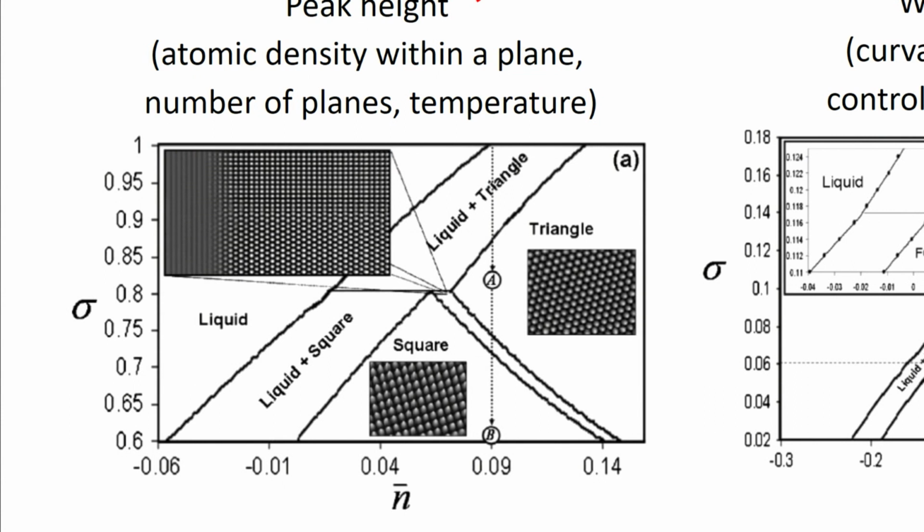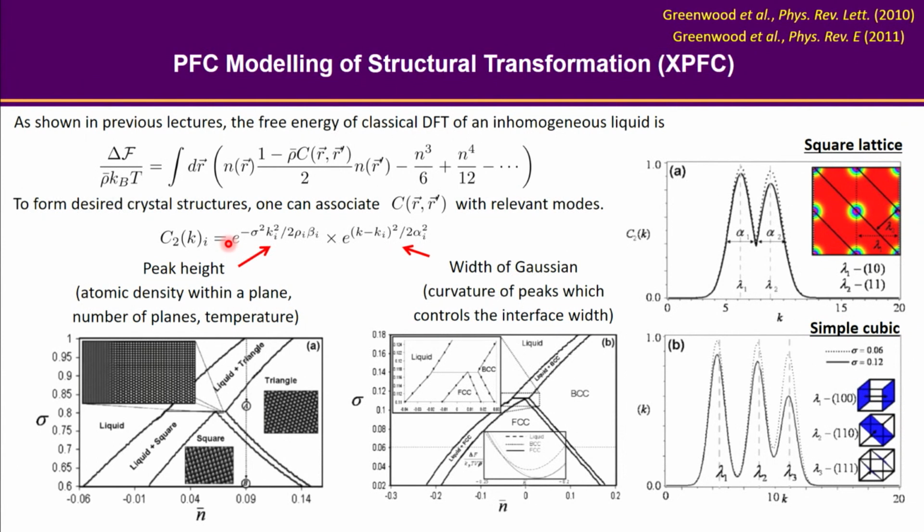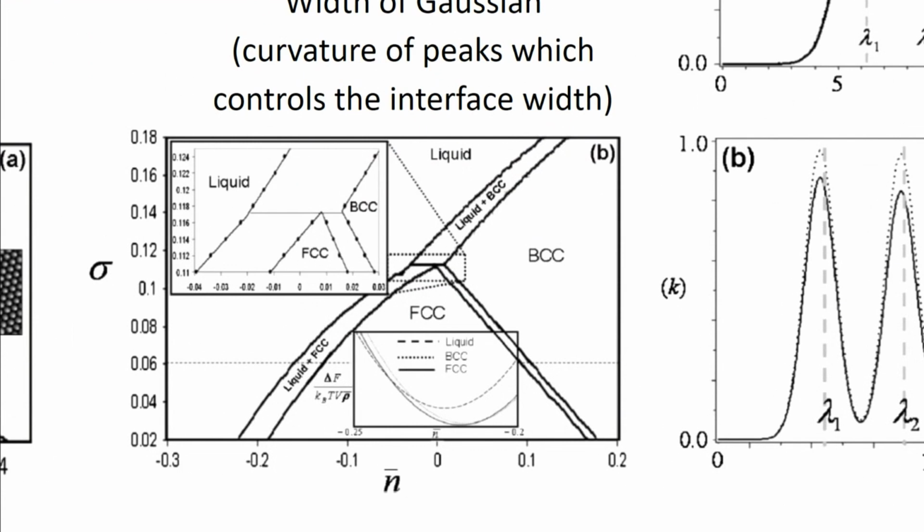But the idea is basically back to the multi-mode implementation. And for 3D, let me zoom in again. In 3D, you can have liquid, BCC and FCC here, right? If you zoom in on this part, you can have BCC-FCC coexistence, and liquid, or BCC-liquid, liquid-BCC, or liquid-FCC, depending on which parameter range you are choosing.